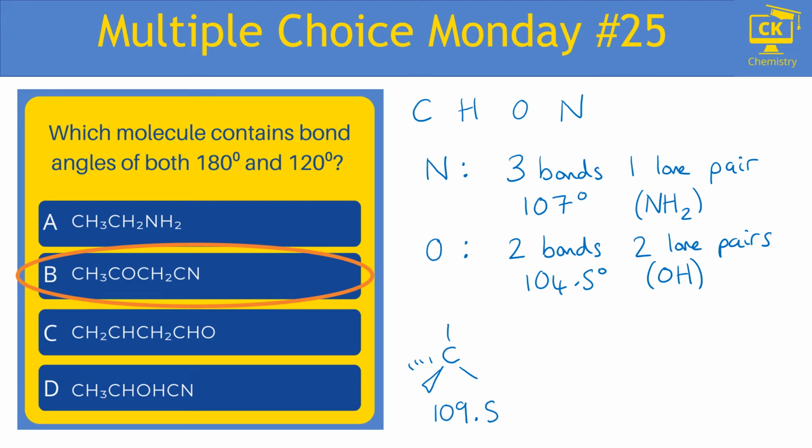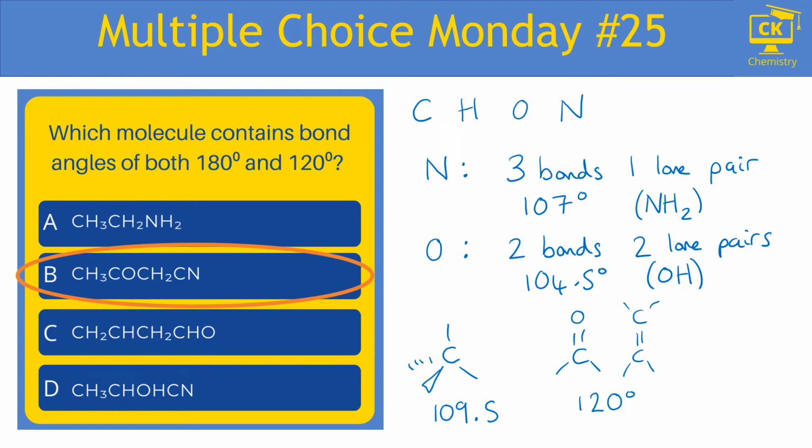Carbon is never going to have a lone pair, so it's never going to form 107 and 104.5. But it can form a double bond and 2 singles, and where you're going to see that is either in a CO carbonyl group or in an alkene, and that's going to give us our 120.